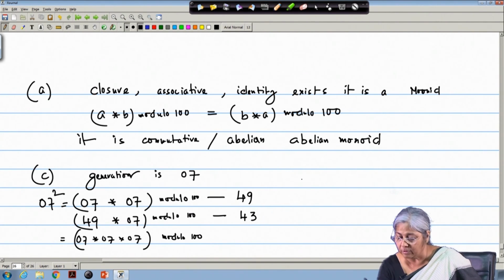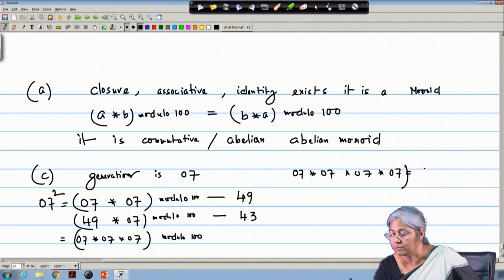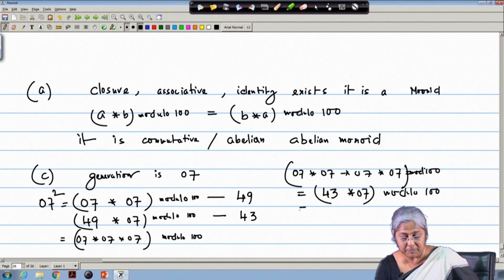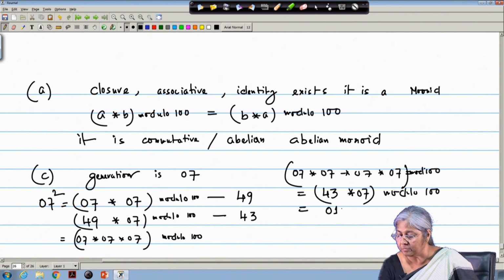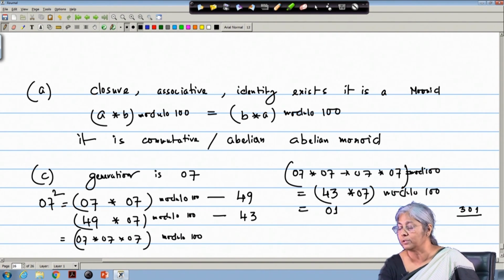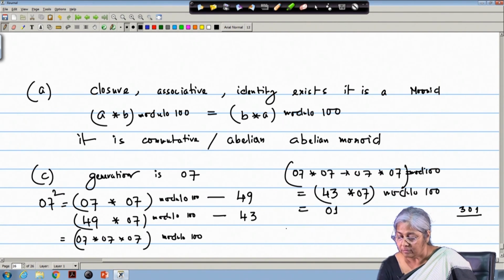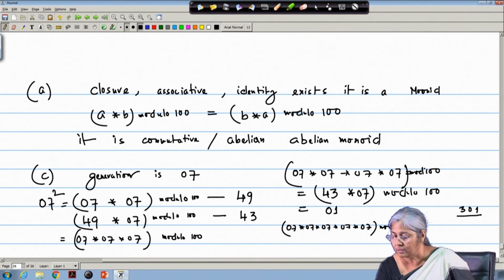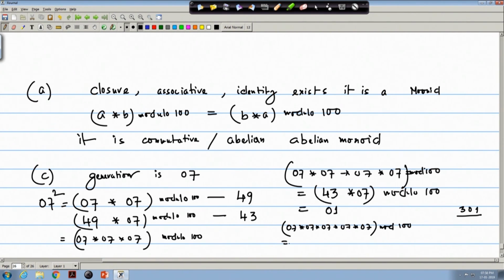Now, since it is already 43, 07 star 07 star 07 modulo 100 is actually 43 star 07 modulo 100, and this becomes 01, because 43 times 7 is 301, and divided by 100 it gives 01. Now, if I multiply by another 07 and increase the power, since I have got the identity element 01, I will be getting 01 into 07, so it is 07.